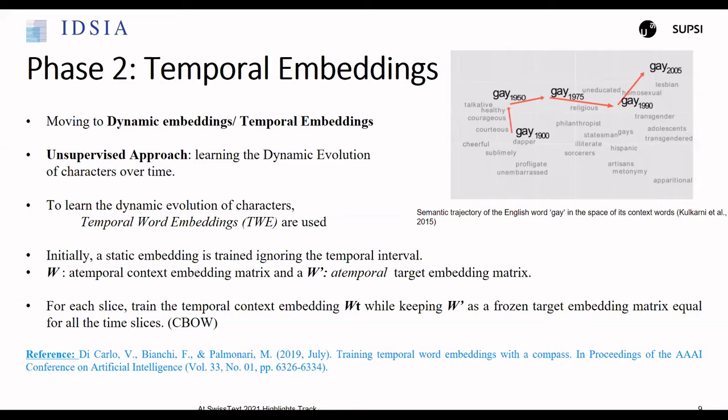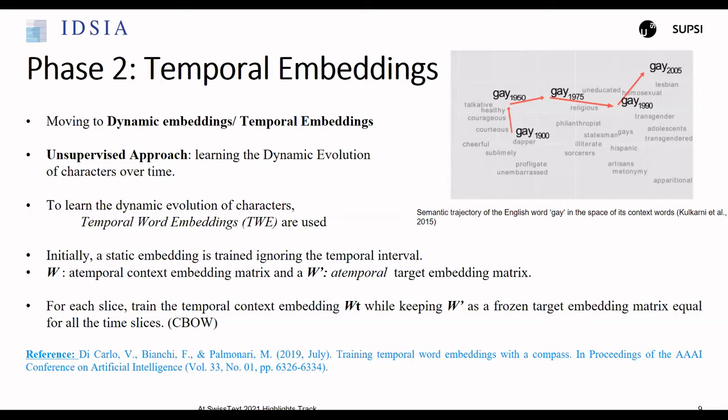This is required because when we train the embeddings over different time periods, there will be a problem of alignment. We cannot directly compare those embeddings. In order to solve this problem, they proposed keeping a reference corpus based on which the embeddings will be trained. They used a word2vec model, specifically the continuous bag of words model.